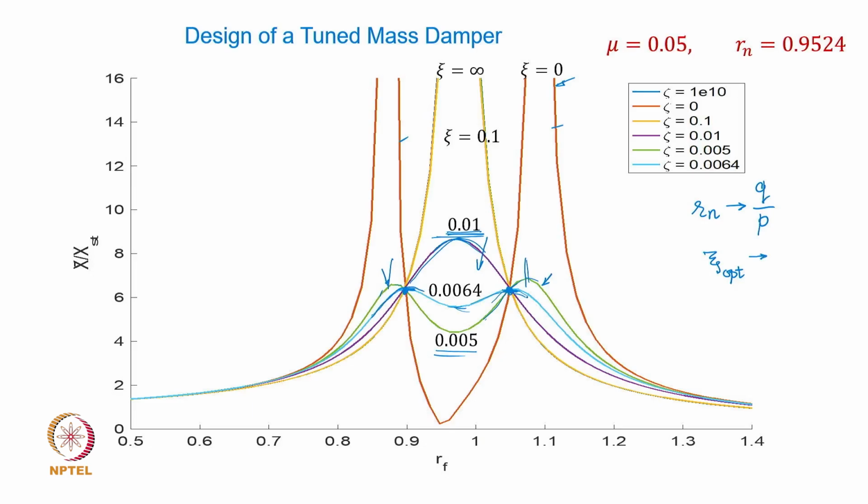The moment you ensure that the curve passes with zero slope at both these points, that will ensure that the graph does not shoot up on either side of that point, and then the graph will have a flatter kind of response. And if you ensure that the largest response amplitude is within the desired limit which you can set, then you don't really worry about the varying speed conditions.